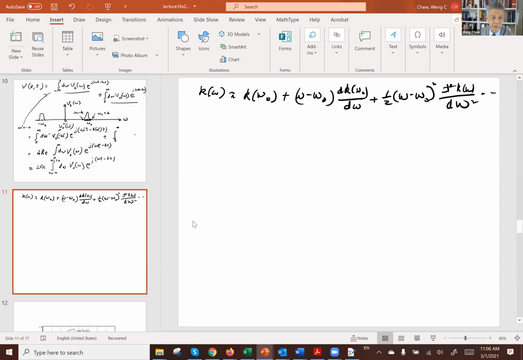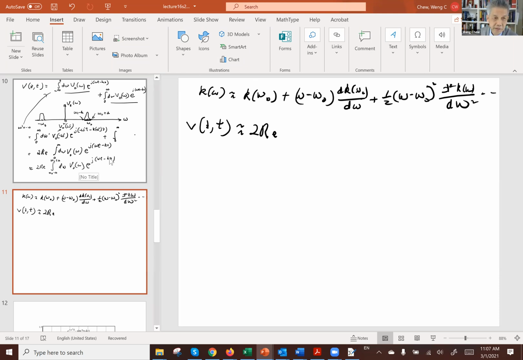And I will only keep two terms in my Taylor series expansion and plug it in this integral again. And if I do that, then my v of zt will become something like 2 times the real part of, I wouldn't go through the detail, but if you plug this in, this first term is independent of frequency, so I can take it outside the integral.